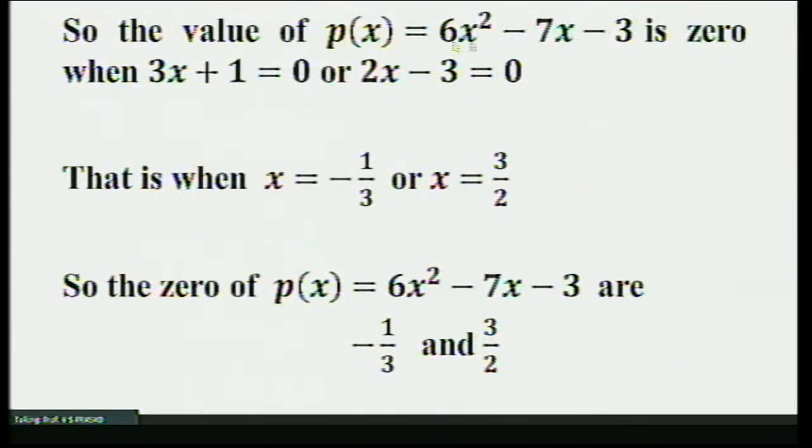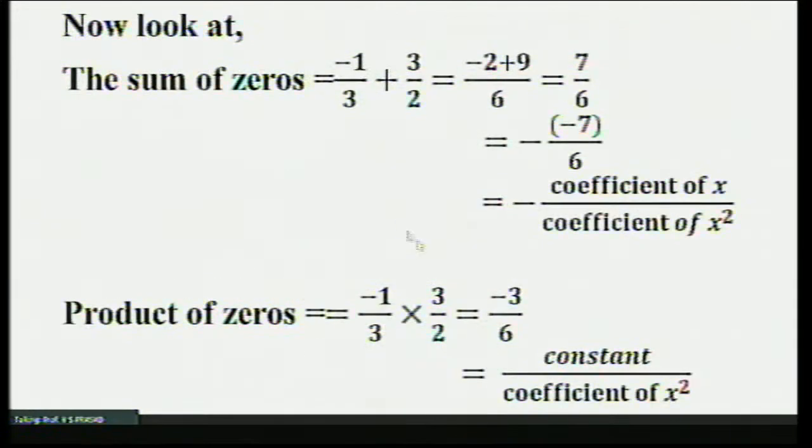Therefore, our given polynomial can be written as a product of these two factors, and hence the value of the polynomial is 0 when 3x plus 1 is equal to 0 or 2x minus 3 is equal to 0. This gives x equal to minus 1 by 3 or x equal to 3 by 2. So the zeros of p of x is equal to 6x square minus 7x minus 3 are minus 1 by 3 and 3 by 2.